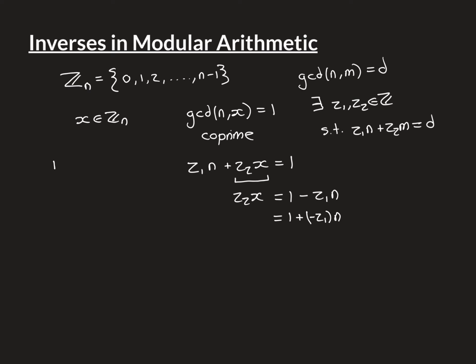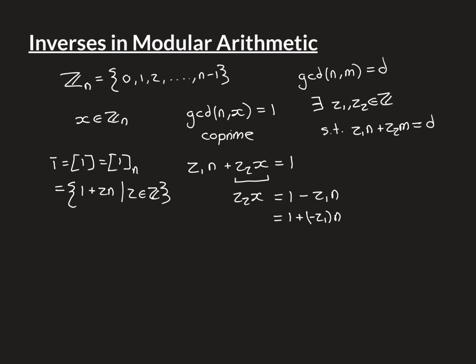Remember, 1's congruence class, which we could denote 1 bar, or square brackets 1, and if we were being really formal, we'd subscript it n, is all the elements from the integers that are of the form 1 plus z times n, where z is allowed to vary over the entire integers.